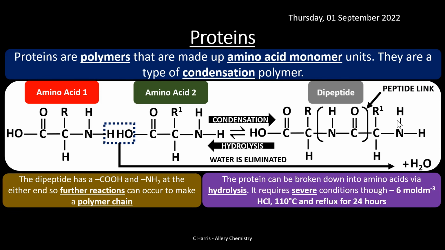And actually, if you look at, for example, your hair, it's made out of types of protein chains. It's really difficult to break hair down, and you need some quite corrosive chemicals to try and break it down.